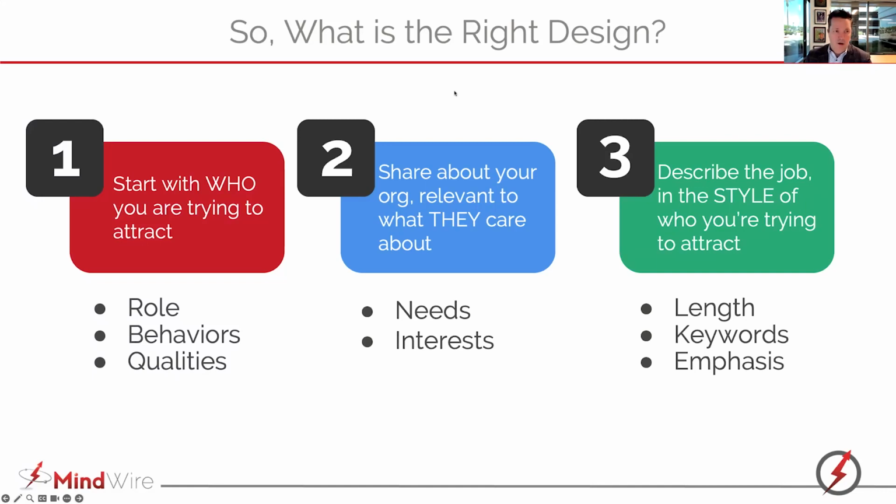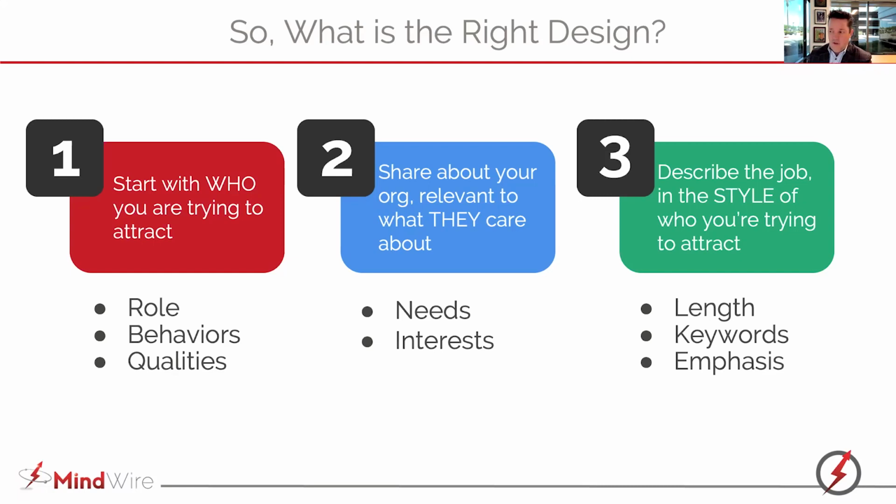What's the length of this job posting going to be? If you use PI, you know that someone with higher patience, higher detail might like to know lots more, and you might have that be longer. Alternatively, with low patience, low detail, you better get to the point and be more concise and capture their attention, because they may not read the whole darn thing, even though it's as important as a job.